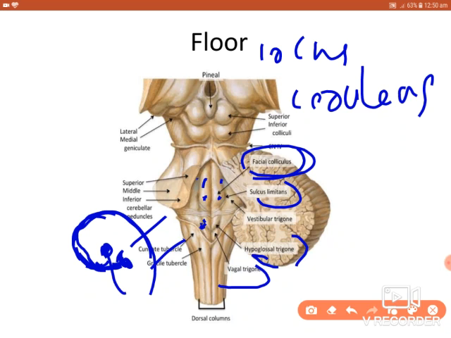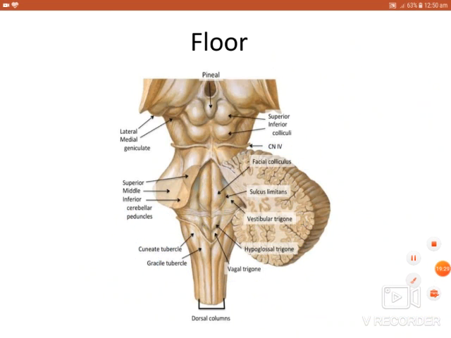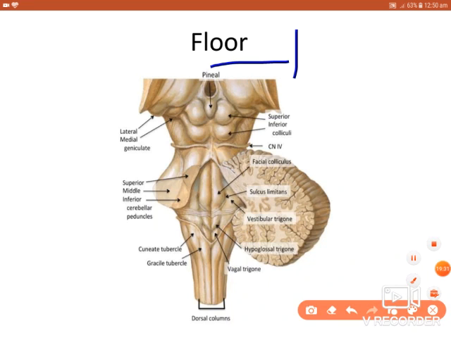Then lateral to that, this lateral area is called the vestibular area, which is a sensory area. These are the important features you can see on the floor of the fourth ventricle.